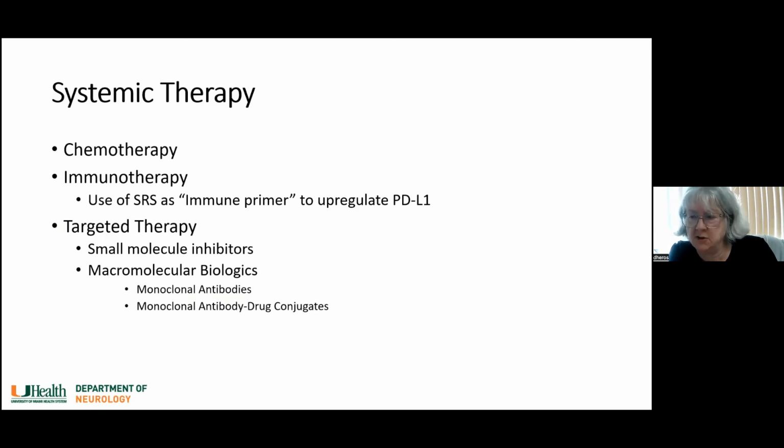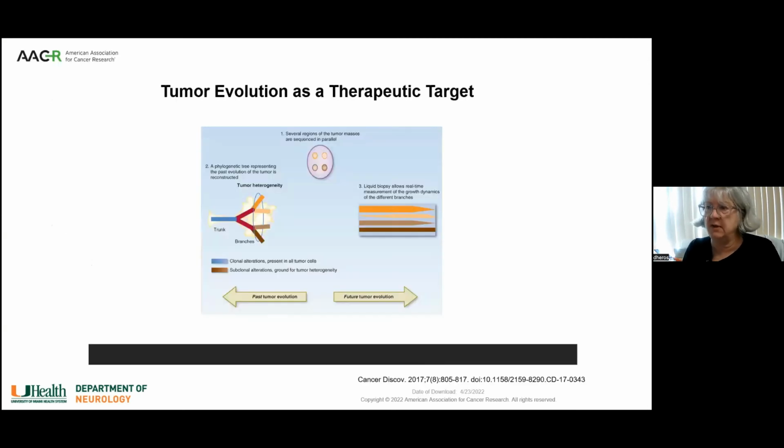And there's now a large group, and a rapidly, exponentially growing option, of small molecule inhibitors that cross the blood-brain barrier and can be very effective, as well as a group of macromolecules, which include various monoclonal antibodies targeting specific DNA mutations, and even more recently, the conjugate of a monoclonal antibody tagged to a chemotherapy agent. So this is a group of treatments that are becoming very important in our treatment options for CNS disease.